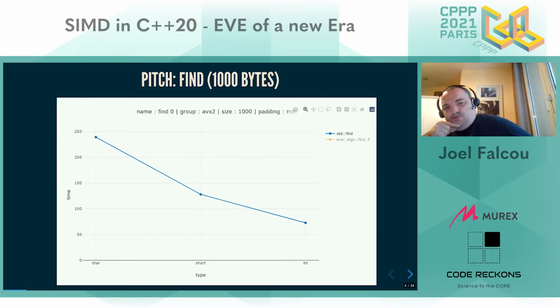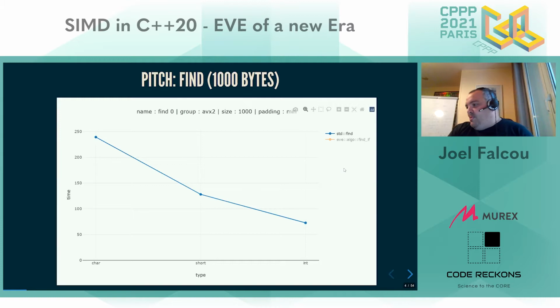You see that we have these nice slowly decreasing curves. That basically tells us that the bigger the chunk you are looking at, the faster you get. This is all in nanoseconds, and we go between 240 down to 70 something for those.